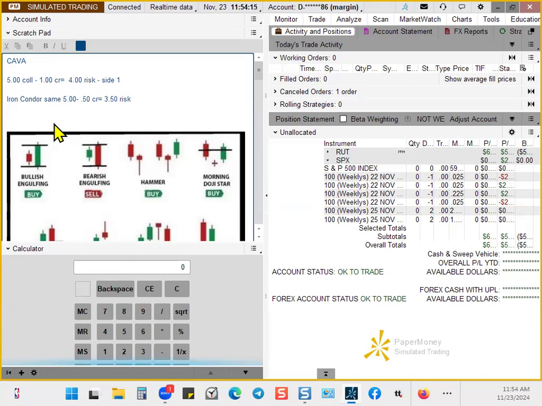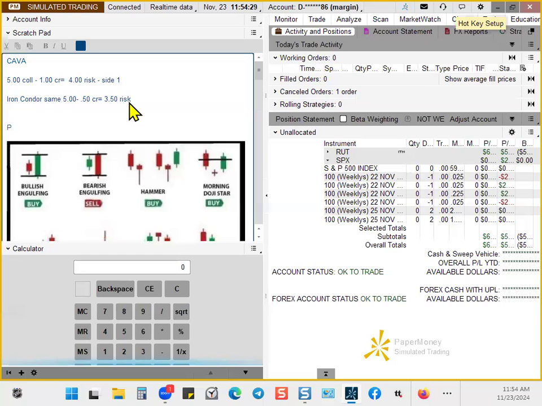But what makes it a little bit different with the PDT hack, though, let's say if we're doing the same thing here, right? Let's say we got the same information, but we're going to do the PDT hack. The PDT hack in this situation is going to say, okay, we got the $5 collateral. You got side one.